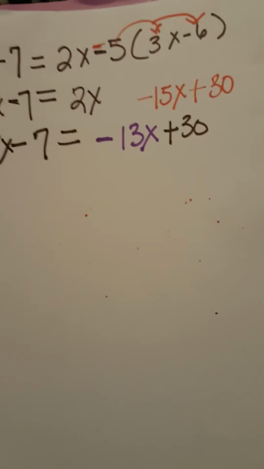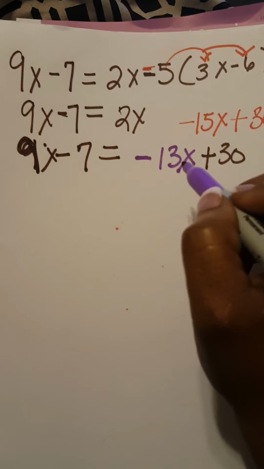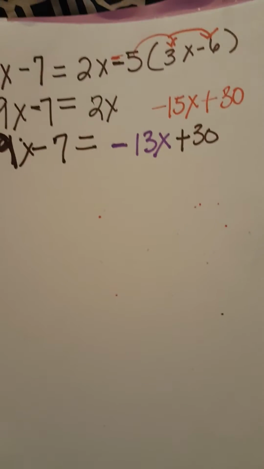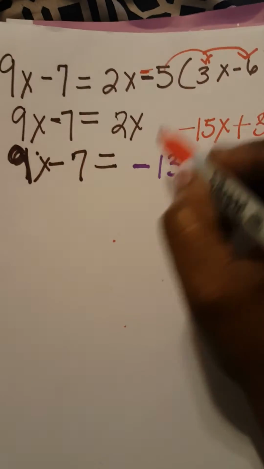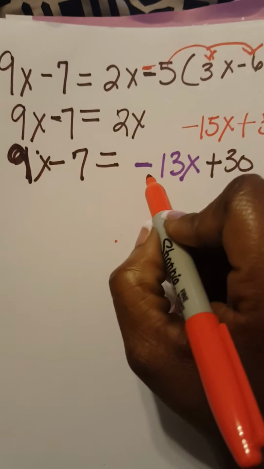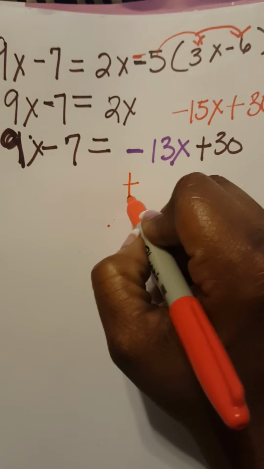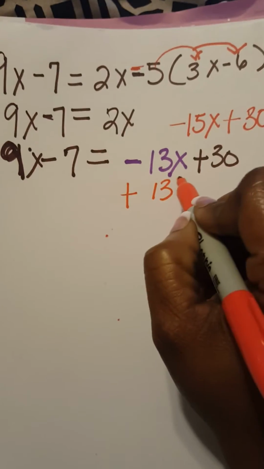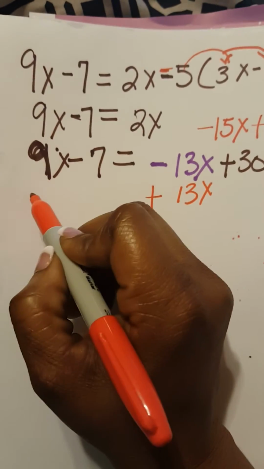Well, I want to remove my x and put it over there with my 9x. So don't want to use purple this time. Let's use red, since we used purple for the 13, okay? Since this is a negative 13x, I definitely want to use the opposite sign and the same number so that that number can go to 0. And I'm going to do the same thing here.